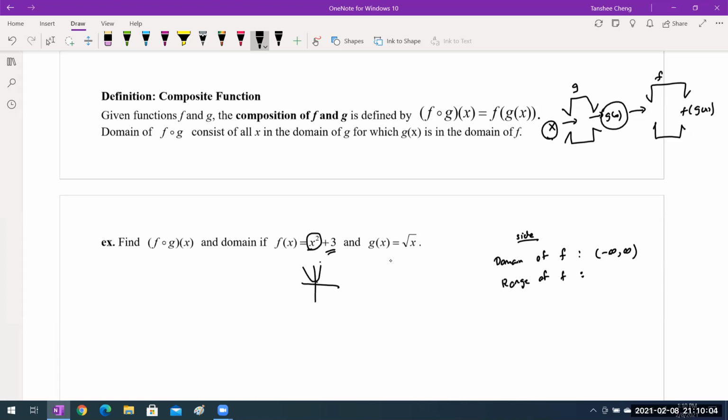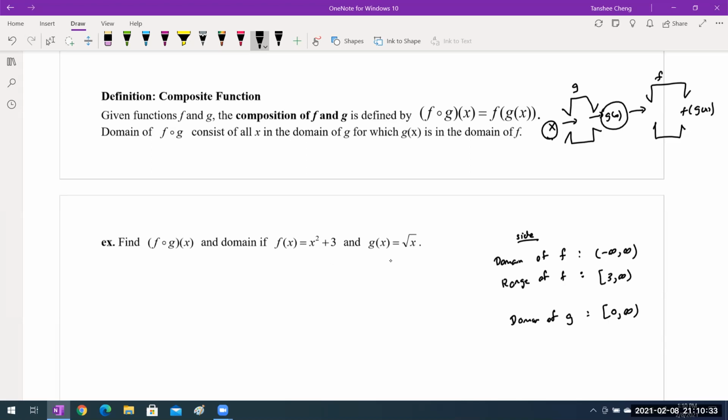But because of shifting up 3 units, now the range is from 3 to positive infinity. 3 is included. So that's how I can quickly get it on a basic function like this. Now, the domain of g is from 0 to positive infinity.